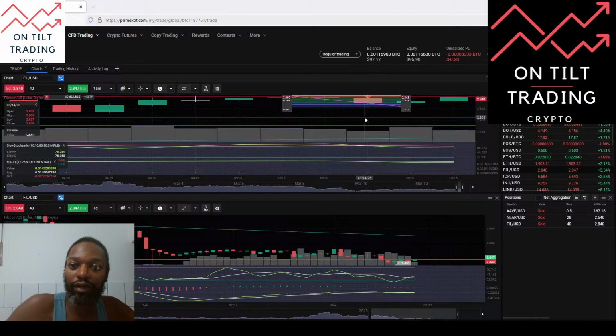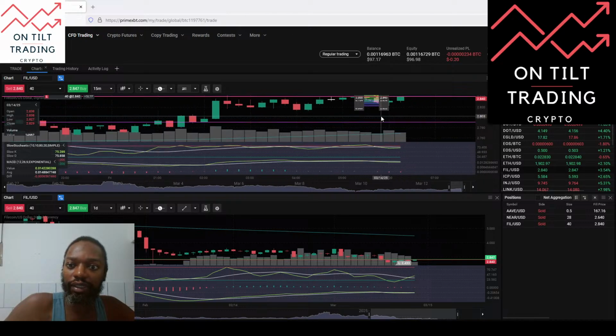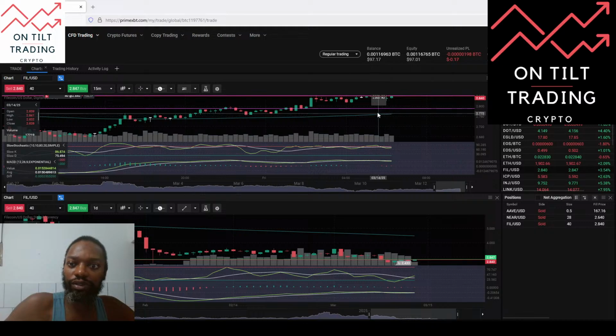But if it works out, then I got a really good entry. So right now I like this entry based on the Fibonacci levels. I got in probably at the 1 or at the 7 point, whatever it is, level that's up there. So yeah, I like this entry a lot better on Filecoin, and we'll see if it holds. If it doesn't hold, then it'll be a very, very minimal loss here.